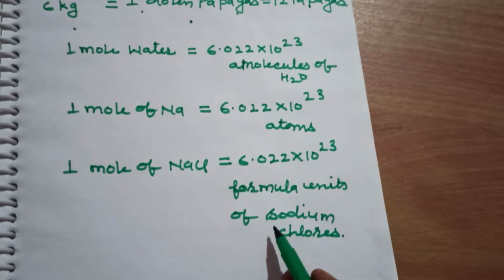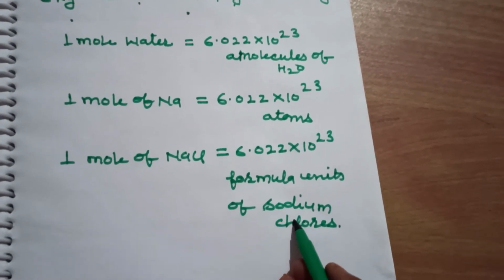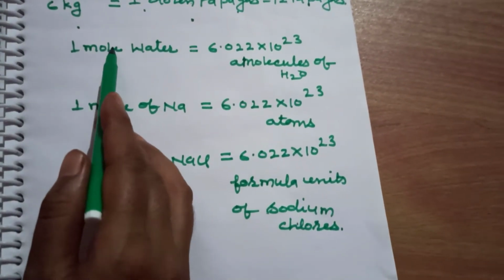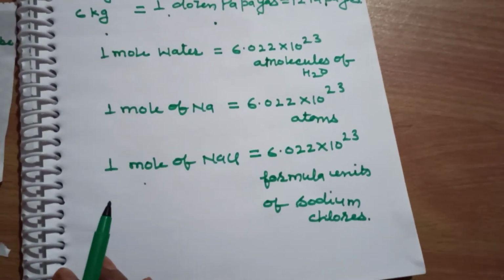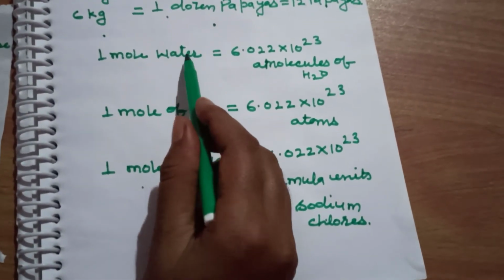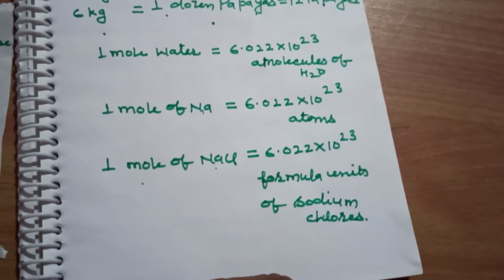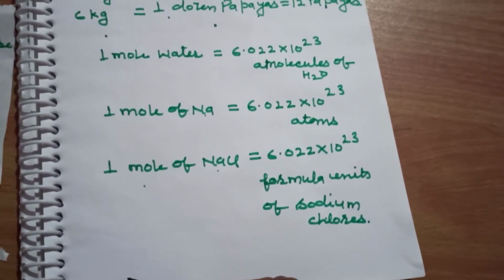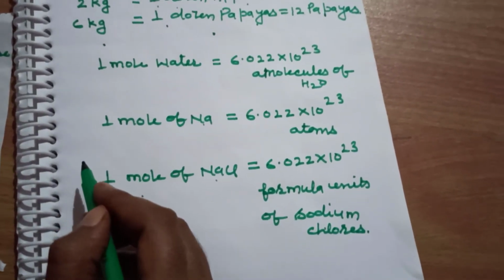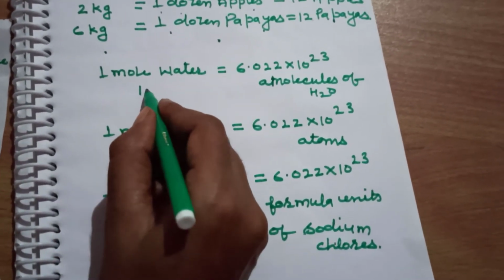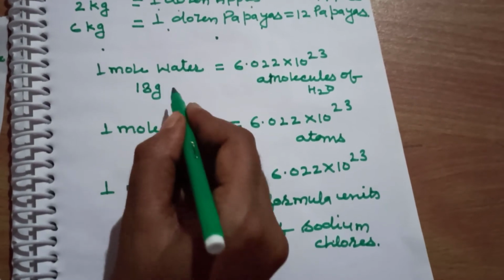Number of particles are the same. Moles are the same. Masses are different. Mass of 1 mole of water is 18 gram.